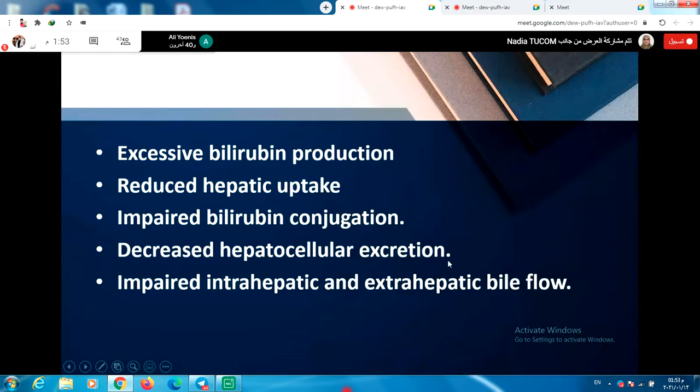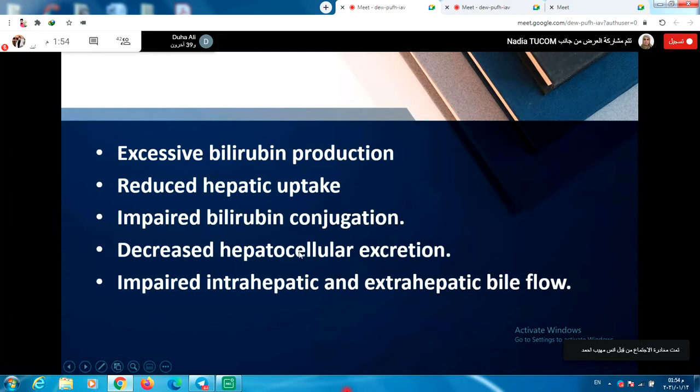It is not excreted properly, either due to obstruction, stenosis of the biliary duct, or bile or gallbladder stone, or intrahepatic biliary stones, and so on. Impaired intrahepatic and extrahepatic bile flow, here also the same.